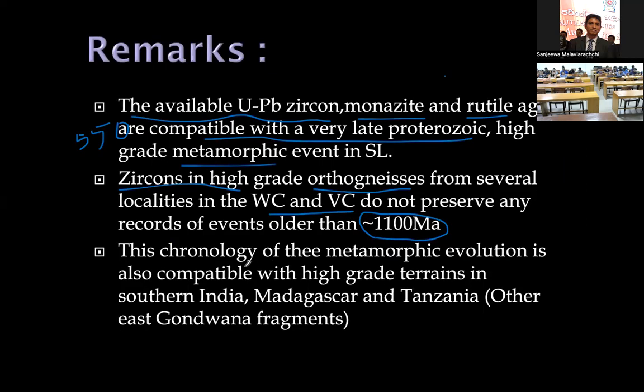So these ages are very compatible with high-grade terrains in southern India. In the southern part of India, not the northern part, below Bangalore, it is very similar to our situation. Ages are similar, rocks are similar. That means we were part of this Madagascar, Tanzania, and Antarctica Gondwana fragments, right?